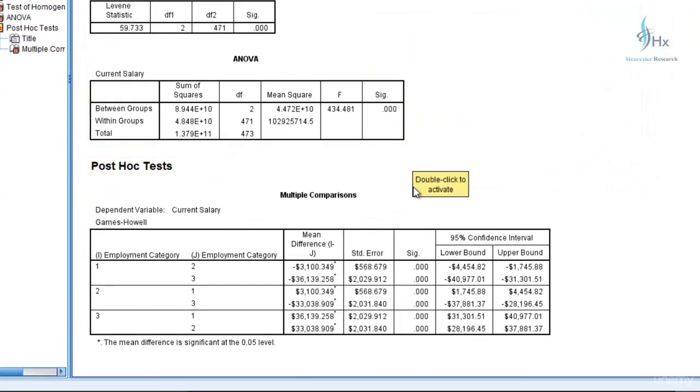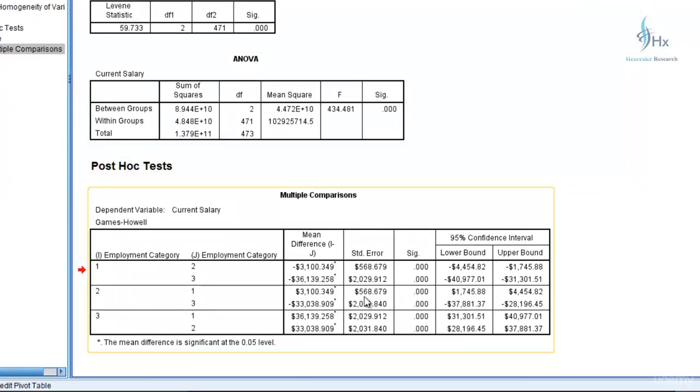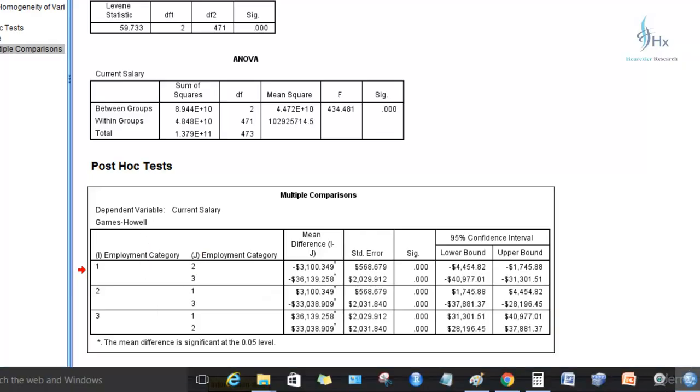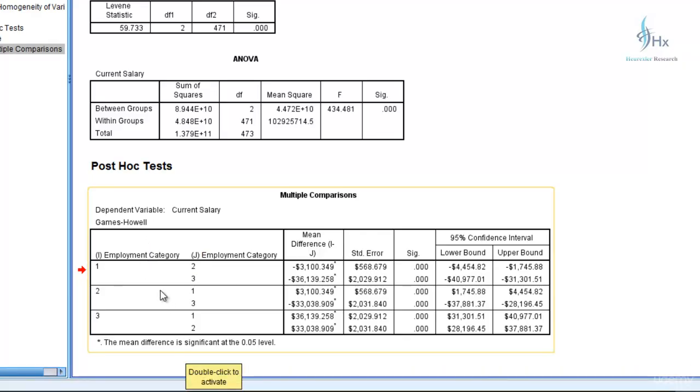Once you do this, we are given a post-hoc table, and it reads that the dependent variable is current salary, and the test is Games-Howell. Now all the groups are compared one by one, and we can see the mean differences, standard error, and the significance value here.